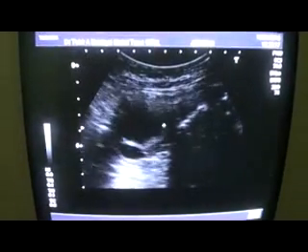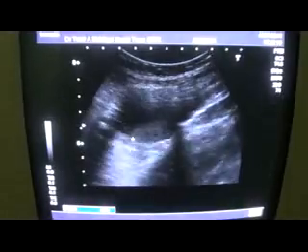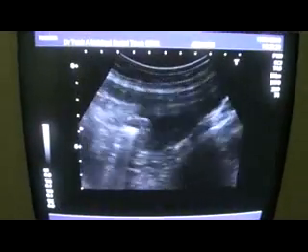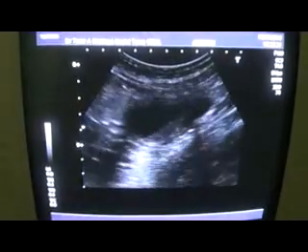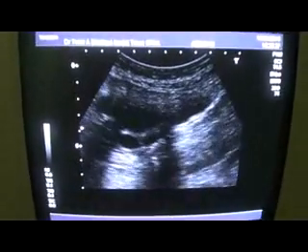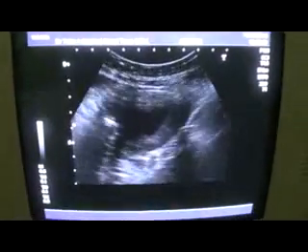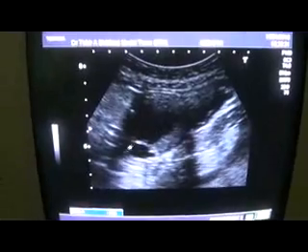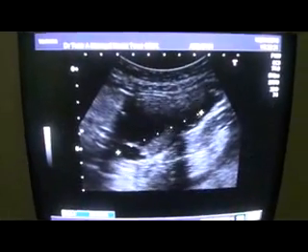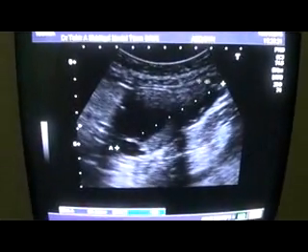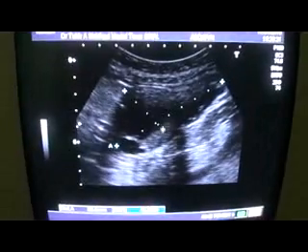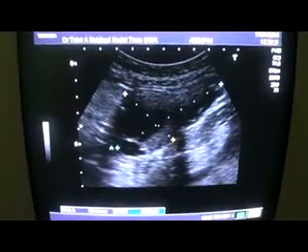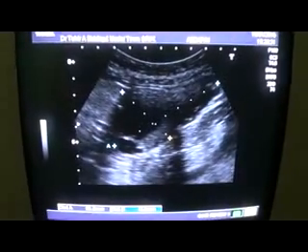This is a septa within the ovary, and this measures approximately 8.0 centimeters by 4.3 centimeters, and this is on the left side.